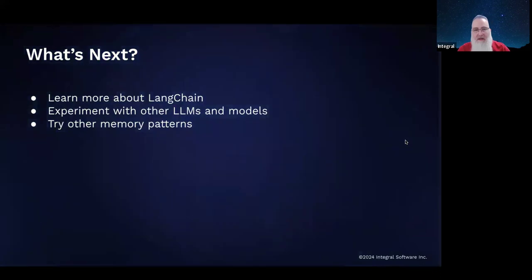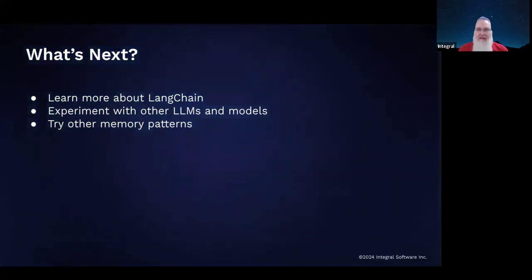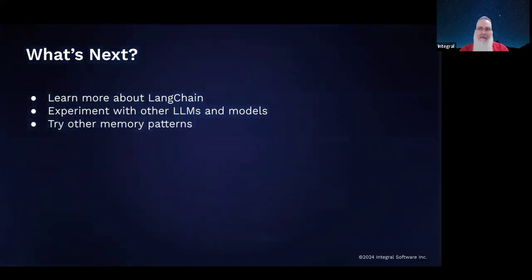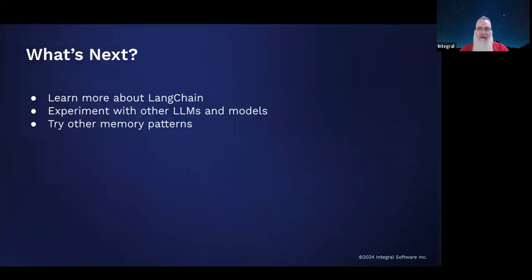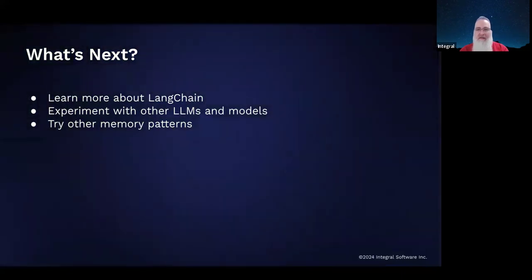Okay, so what's next? Well, I would suggest learning more about LangChain. Like we said in an earlier slide near the beginning, there's a lot of other things you can do, like building an agentic application. That was one of the early things that I've done a couple of times with an API. I built actually, it's funny that Vaughn mentioned fake news.